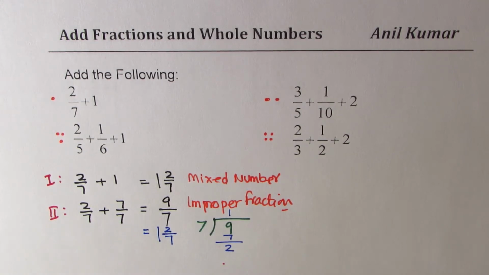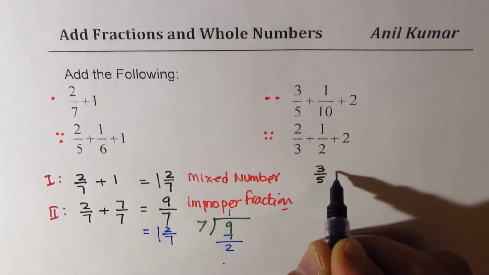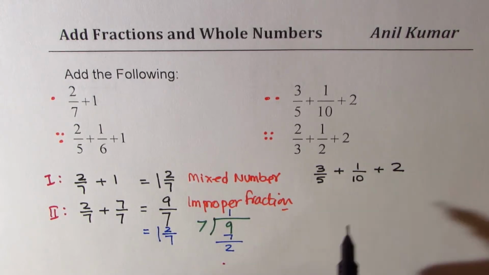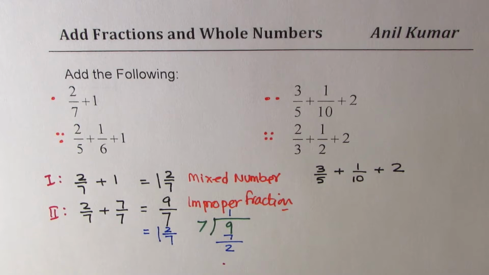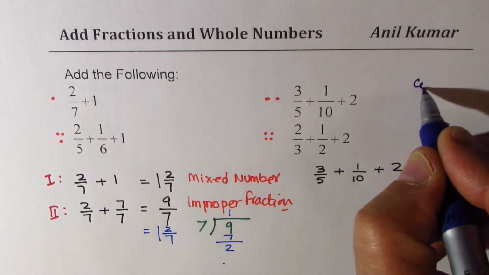Okay. Now let's take up the next example, which is we have to add 3 over 5 plus 1 over 10 plus 2. Now we need common denominator, right? So first step is to find common denominator.